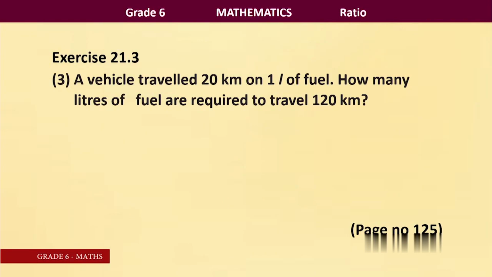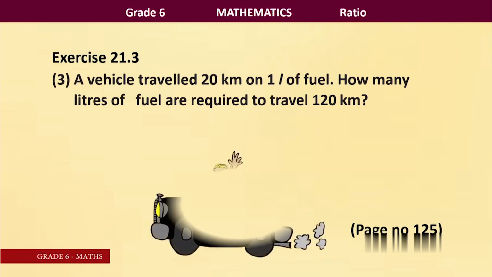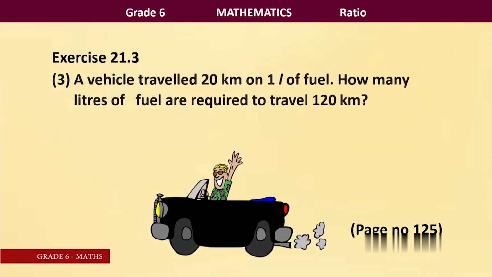First read them. First pay your attention to question number 3. A vehicle travelled 20 km on 1 liter of fuel. How many liters of fuel are required to travel 120 kilometers? My dear kids, how can you get your answer? It is 20 kilometers using 1 liter of fuel.